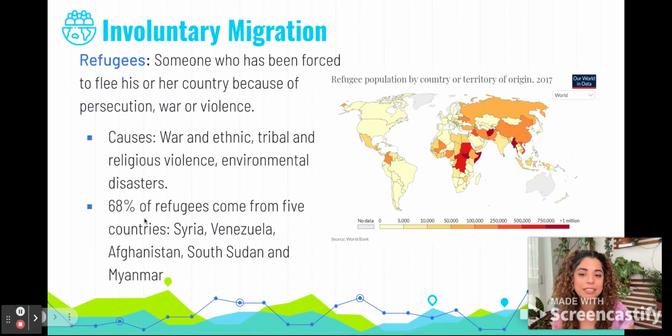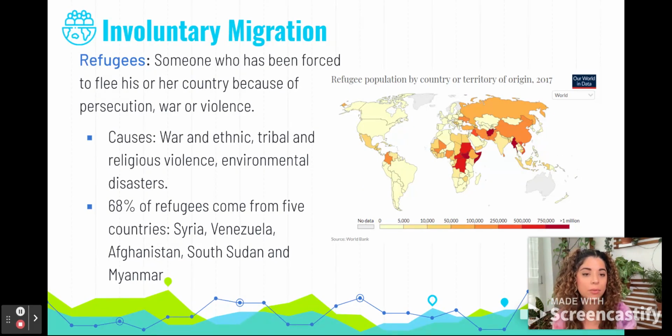Now, this is a couple years old, so I'm not quite sure where Ukraine falls into this, but they definitely have a significant presence in Europe. And then this map right here is as of 2017, refugee population by country or territory of origin.